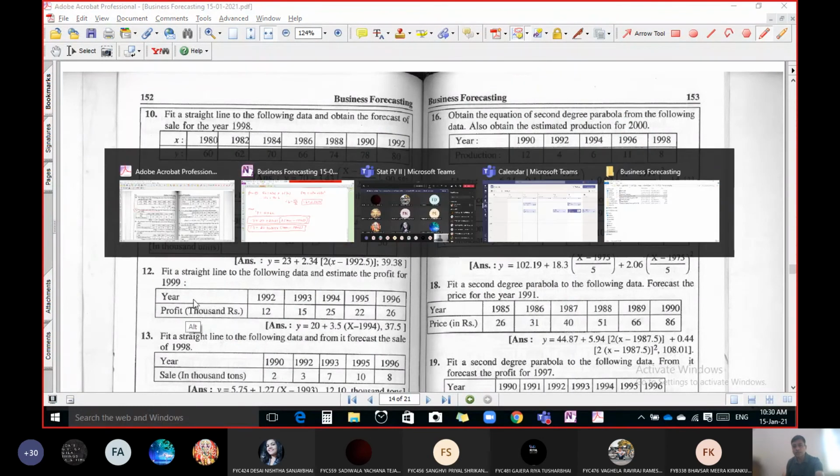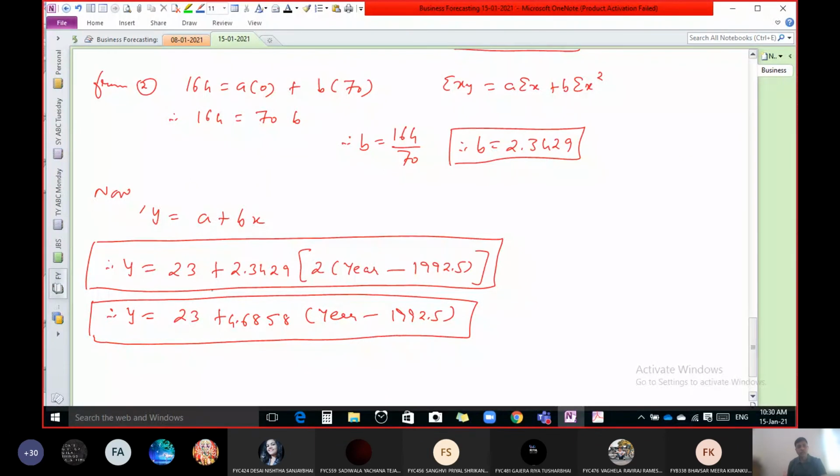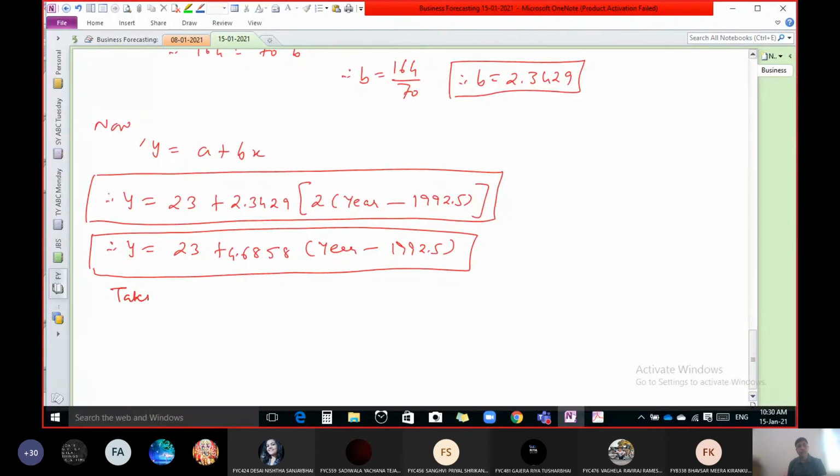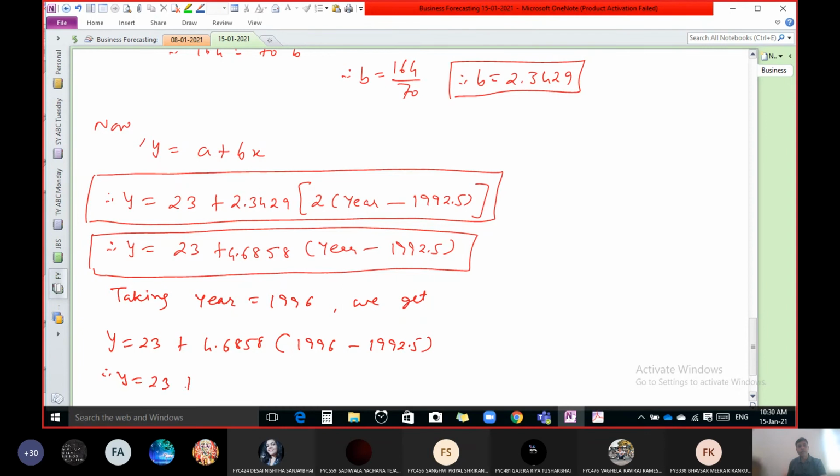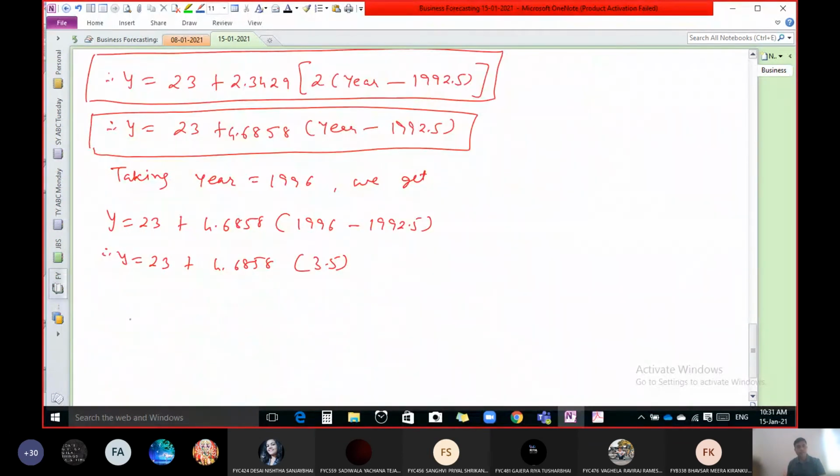So if we take year equal to 1996, we get y equal to 23 plus 4.6858 in bracket 1996 minus 1992.5. So we get y equal to 23 plus 4.6858 in bracket, here we get 3.5. Do the calculation, multiply these two numbers and tell me.